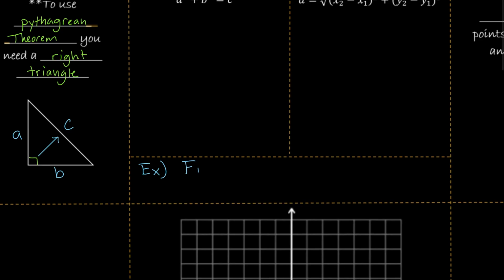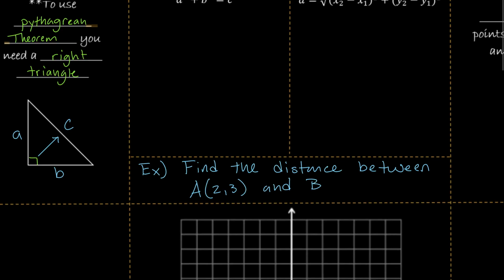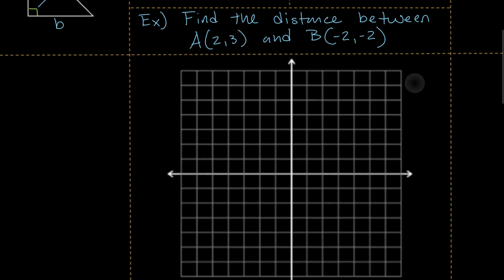So, example, find the distance between points A, which is located at (2, 3), and B, which is located at (-2, -2).